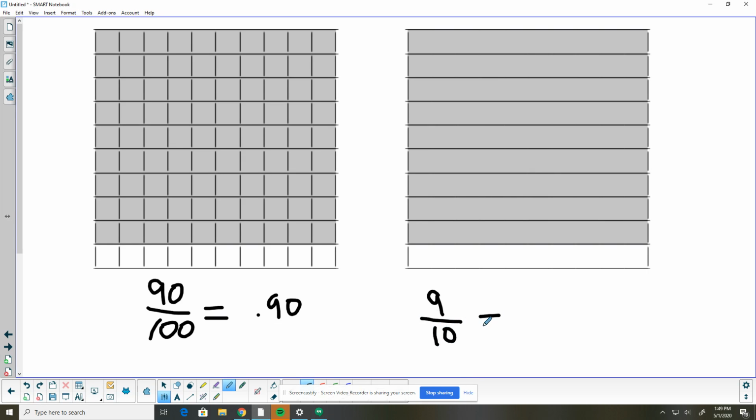I can write that as a decimal. It is the same thing. And when I compare these two, I see that they are exactly the same. 90 hundredths is the same as 90 hundredths, is the same as 9/10, is the same as 9/10. They are all equal.